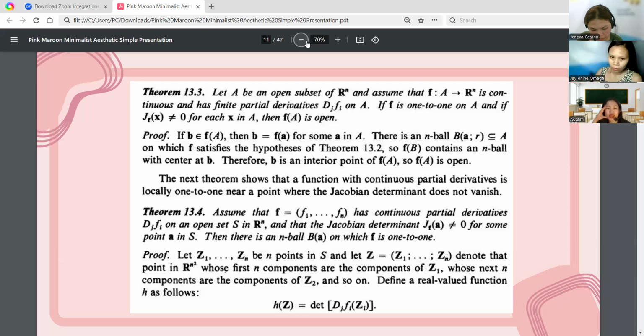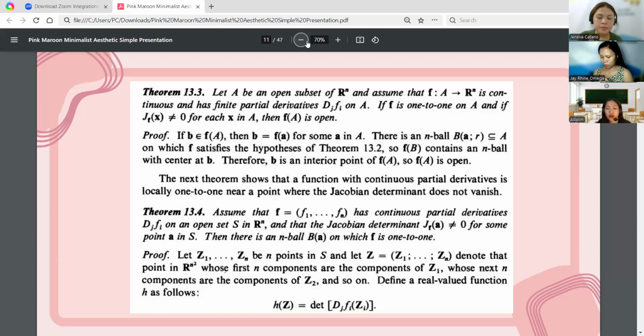Assume that f equals (f sub 1, up to f sub n) has continuous partial derivatives D sub j f sub i on an open set S in R^n, and that the Jacobian determinant J sub f(a) is not equal to 0 for some point a in S. Then there is an n-ball B(a) on which f is 1 to 1.